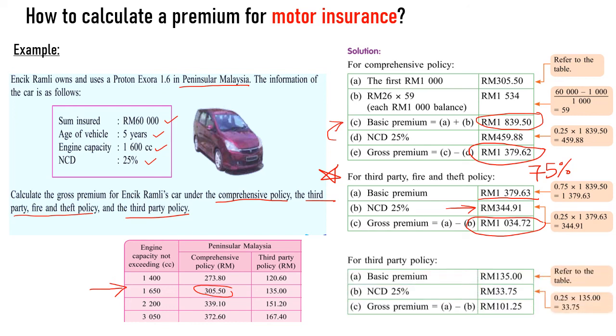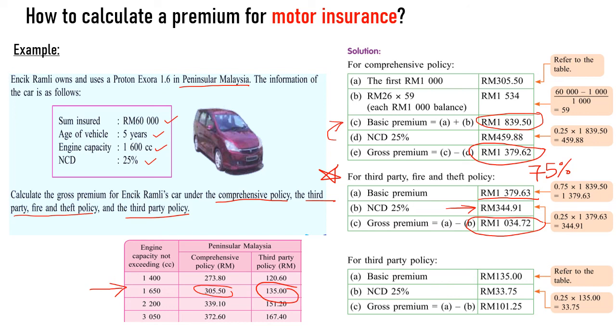Okay, if Encik Ramli purchased only the third-party policy, the rate that he needs to pay is 135 ringgit. And then the NCD is 25%, so you can directly minus the 25%. This 25% is also based on the basic premium for this policy.